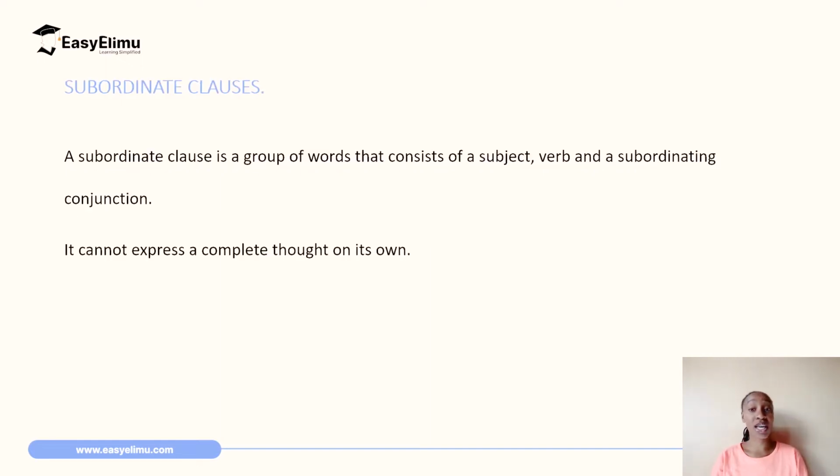We also said that a subordinate clause is a group of words that also contains a subject and a verb and a subordinating conjunction. And we said that a subordinate clause cannot make sense on its own. It cannot make grammatical sense on its own. It cannot express a complete thought on its own. So it requires the main clause.